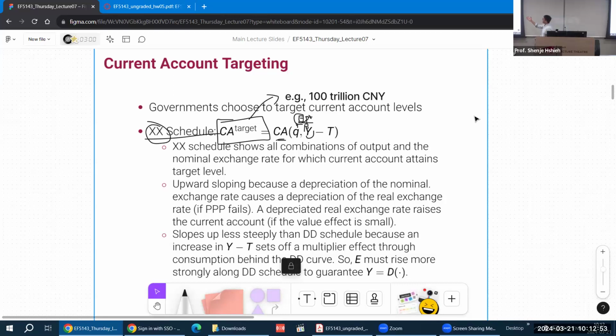So this equation says that if my CA target is 100 trillion Chinese yuan, then on the graph, that line, the XX line, should be combinations of E versus Y that gets me exactly 100 trillion, that level of net exports.